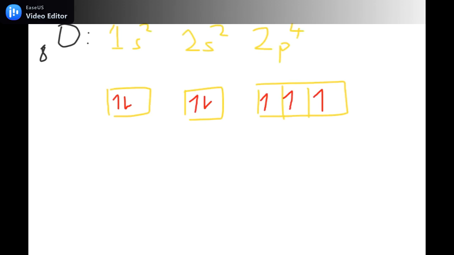Now we'll start filling the next electron in each orbital. But we have only 4 electrons, so the last 2 orbitals will have only 1 electron. Now these 3 are called paired electrons or paired spins, and these are single or unpaired.